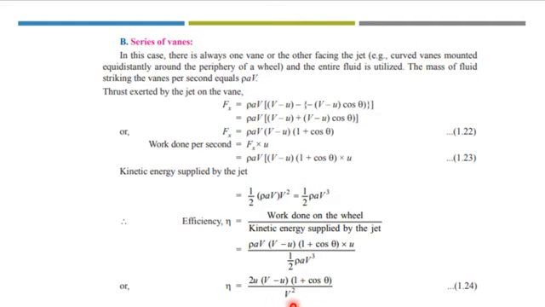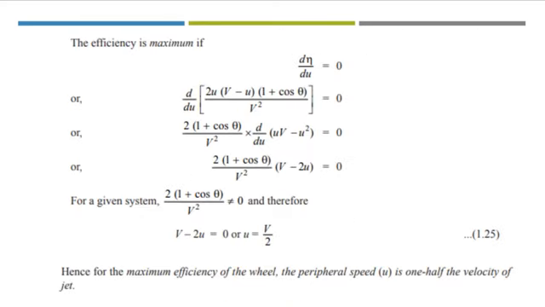Upon entering the values, we get the following equation for efficiency: 2u(V minus u)(1 plus cos theta) divided by V squared. Now we will check what the vane velocity should be in order to get the maximum efficiency. So we will follow the same procedure of differentiation.